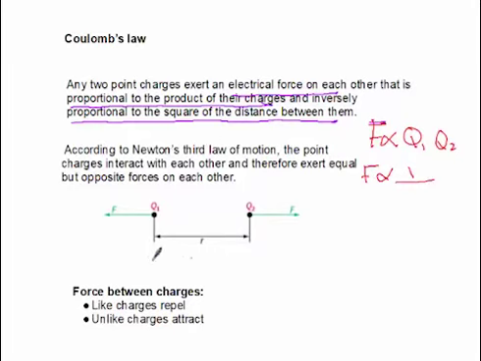The distance is r, so the square of the distance. This means that if the product of the charges Q1 times Q2 increases by increasing any of the charges, F will increase. And if the distance between them increases, then the F will decrease.